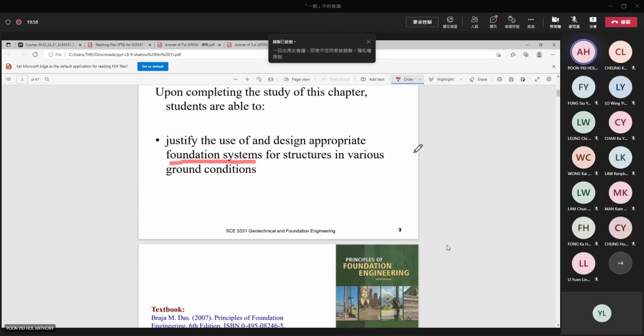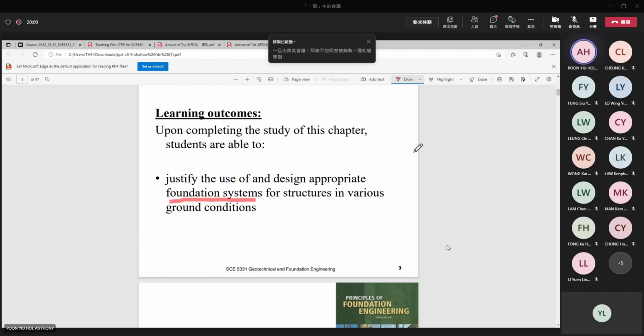You are expected to be able to justify the use and design appropriate foundation systems.